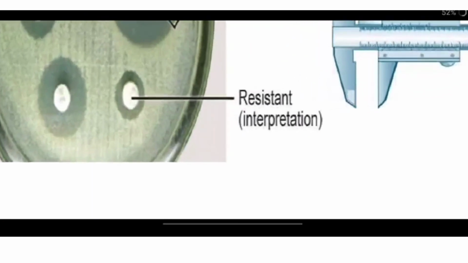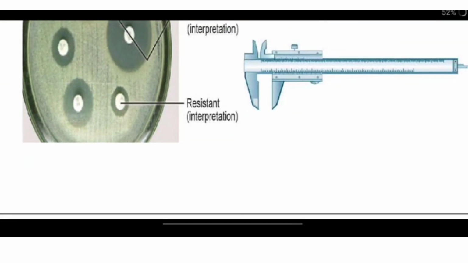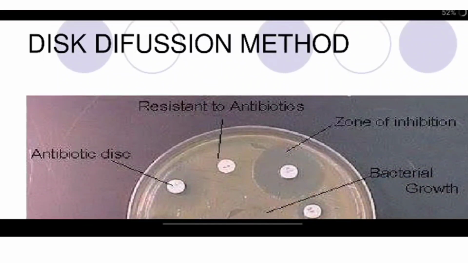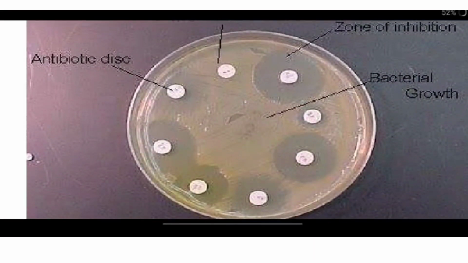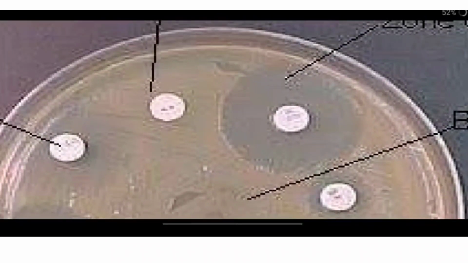And if the zone of inhibition should be more than 12 and we have here only 2 or 4, then this is resistant. This diffusion method is performed like this. Here, this is sensitive.